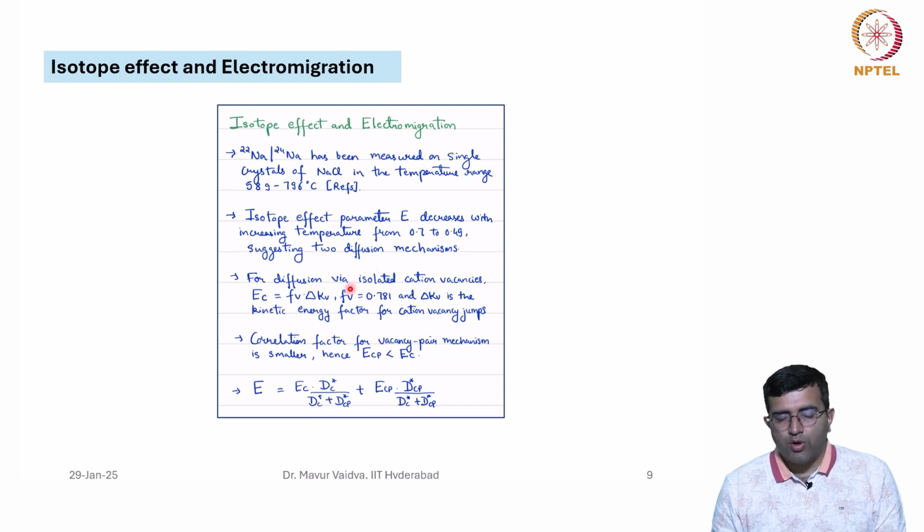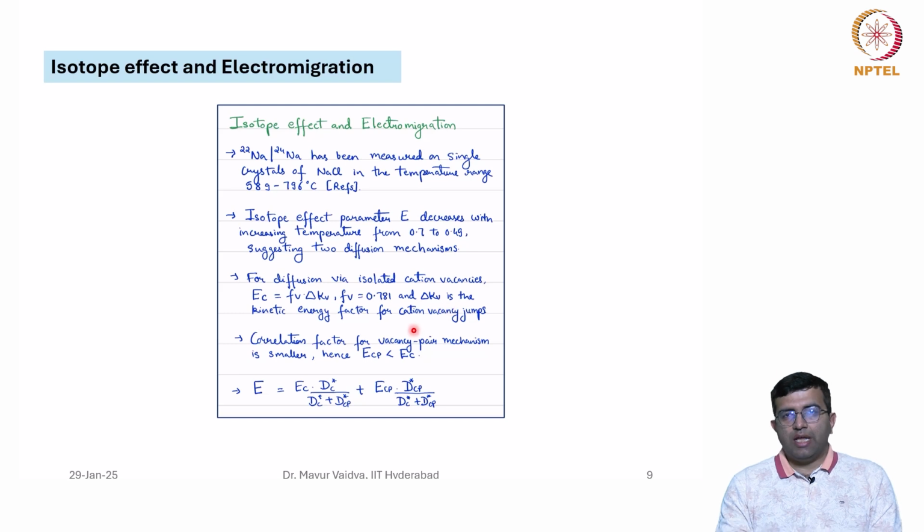In fact, for the diffusion via isolated cation vacancy, EC is equal to Fv times delta Kv, where Fv is equal to 0.781, and delta Kv is the kinetic energy factor for cation vacancy jumps. Similarly, you can write the expression for anion vacancies also.